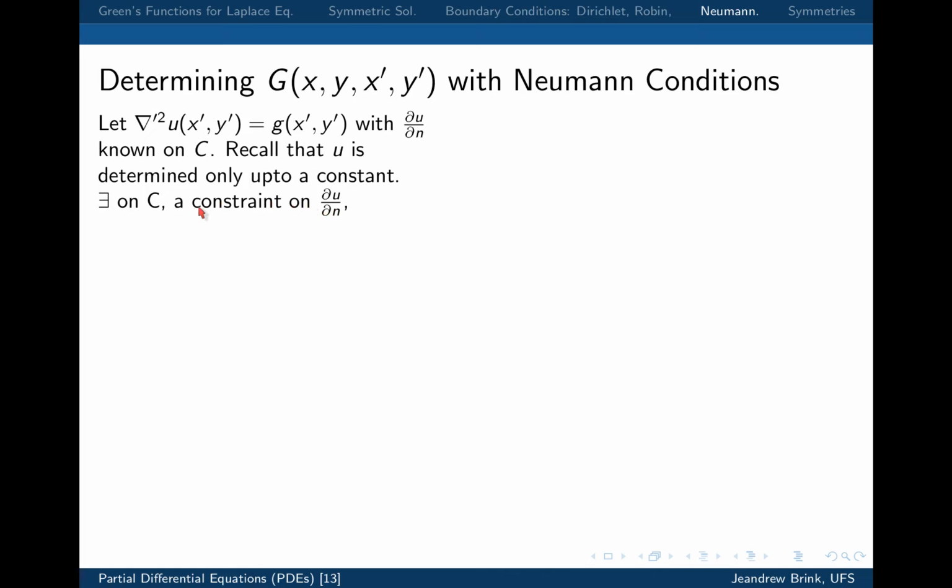And the reason for that constraint is that if we look again at our Green's equation, we use the first expression of the Green's equation where the A that we enter is equal to the gradient of phi, or in this case, the gradient of u. We have that the Laplacian of u is equal to the gradient dotted in with the normal term.